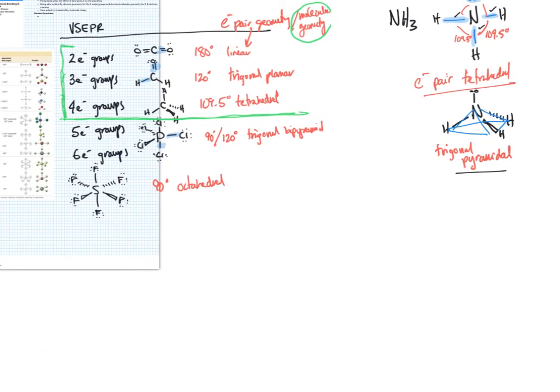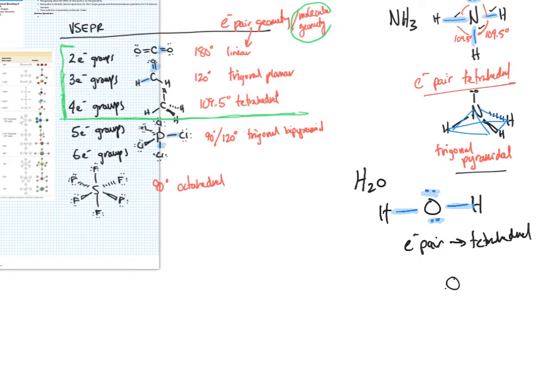Another example. H2O is another classic example of this. So my Lewis structure looks something like this. That's a totally legit Lewis structure. Unfortunately, it does not show us what the geometry of this molecule looks like. So once again, we count electron domains and we say we have 1, 2, 3, 4 domains. So this is going to be tetrahedral electron pair geometry. But the real drawing is going to look something like this.